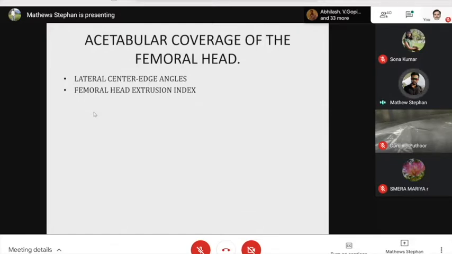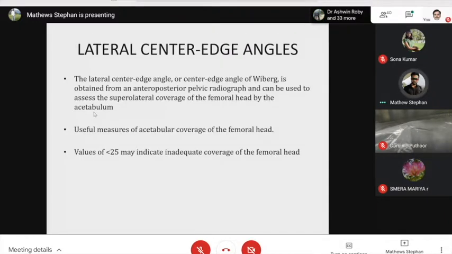The acetabular coverage of the femoral head is assessed by the lateral center edge angle and the femoral head extrusion index. Coming to each of them. The lateral center edge angle, or center edge angle of Wiberg, is obtained from an anteroposterior pelvic radiograph and can be used to assess the supralateral coverage of the femoral head by the acetabulum. It is a useful measure of acetabular coverage, and a value less than 25 may indicate inadequate coverage of the femoral head.